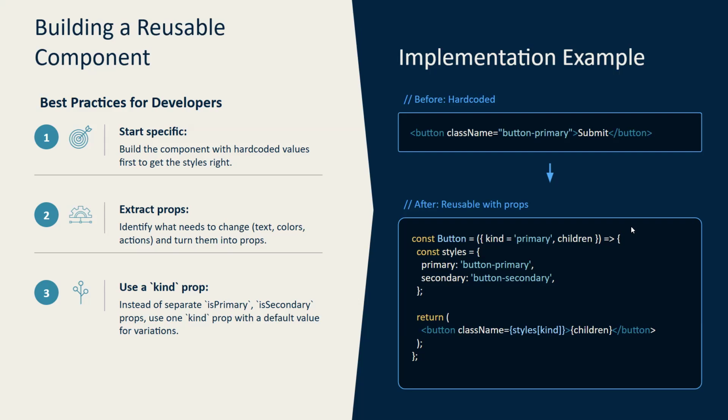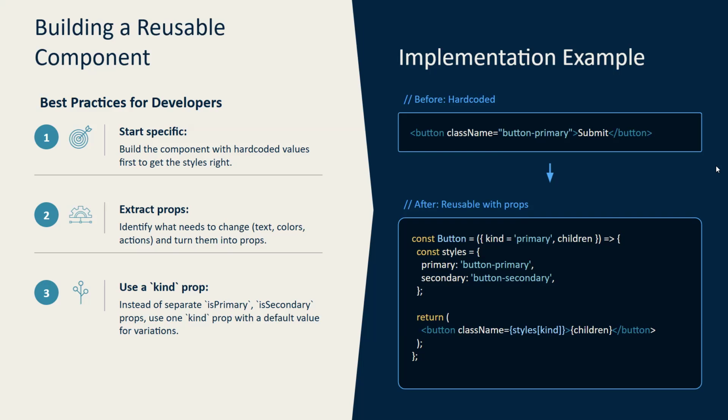Usually that would involve things like text, colors, or actions. Those become our props. And then for variations, we could use one clear prop like kind, instead of creating a bunch of separate boolean props like isPrimary or isSecondary.